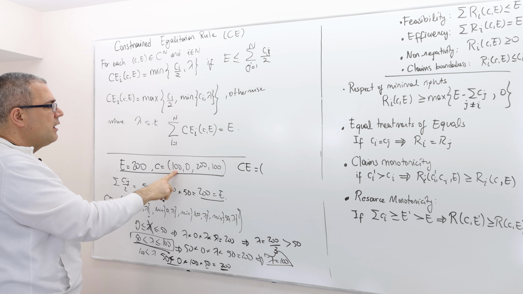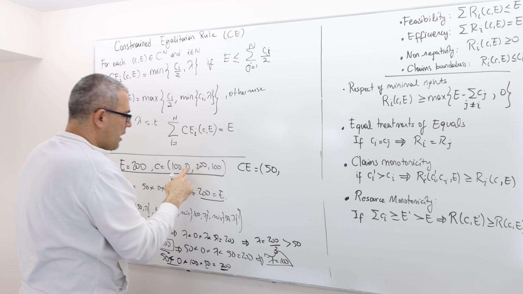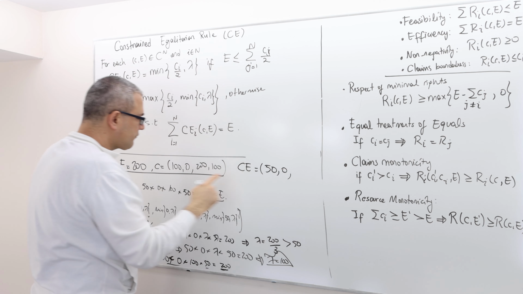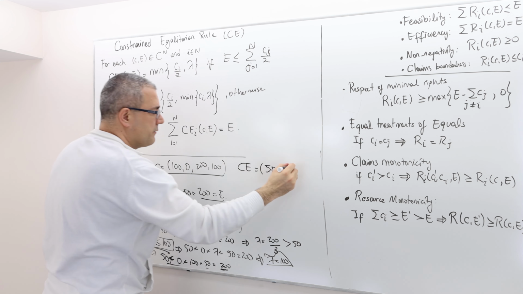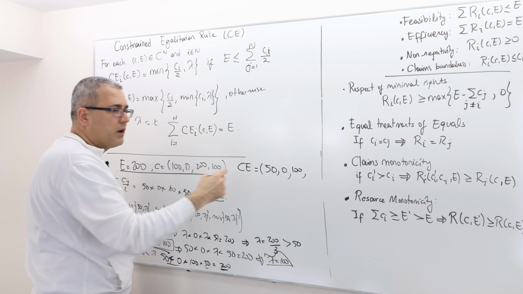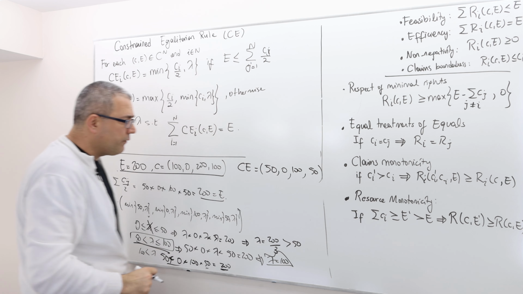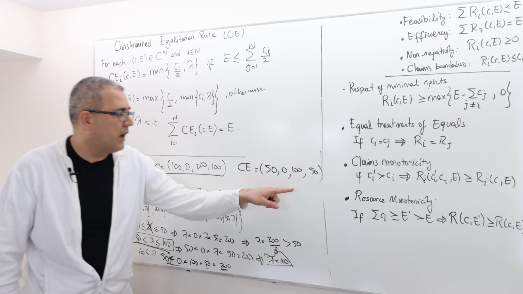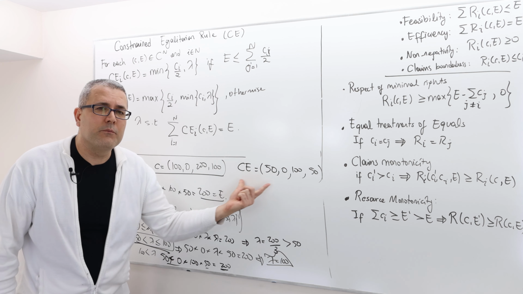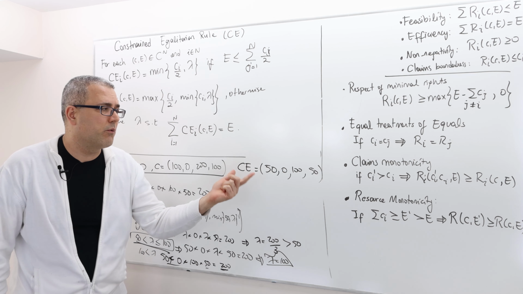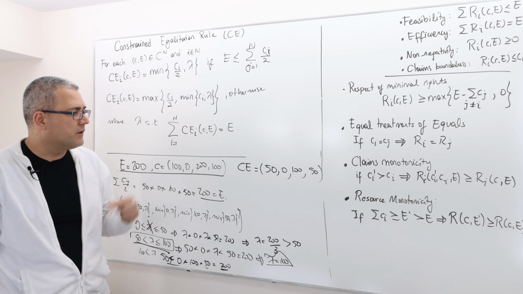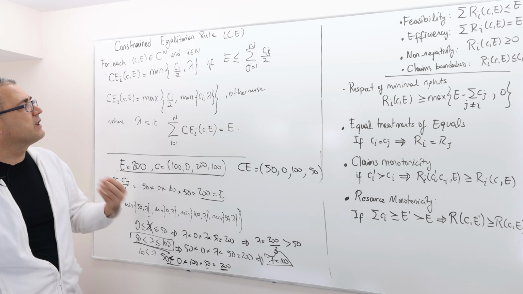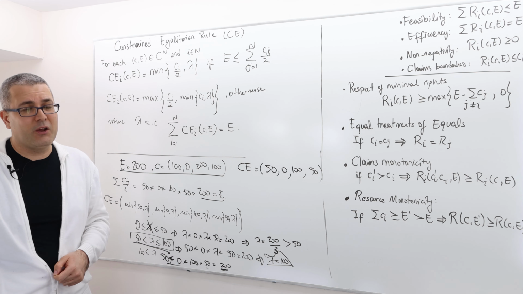Which one is smaller, 50 or 100? 50 obviously. 0 or 100? 0. 100 or 100, doesn't matter, 100. And then 50 or 100, 50. So according to the constrained egalitarian rule, in this problem, the reward vector is going to be this one. This is how we calculate a constrained egalitarian rule. I hope that was clear.